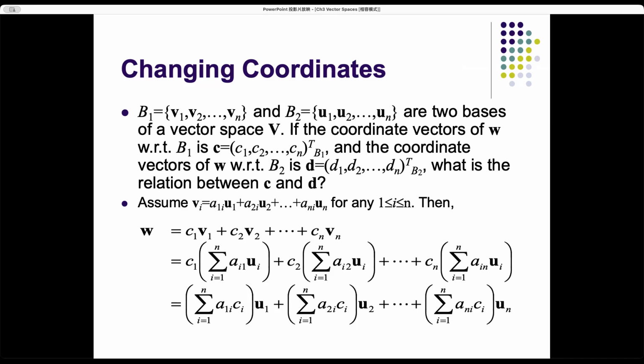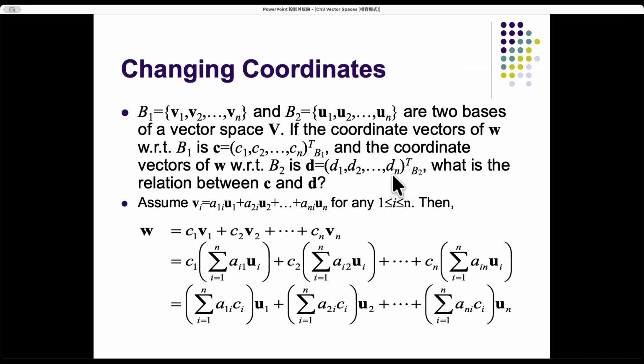There are two bases for the vector space V. If the coordinate vector of W with respect to B1 is C1 to Cn, and the coordinate vector of W with respect to B2 is D1 to Dn, there are certain connections between C1 to Cn and D1 to Dn. What is their relationship?